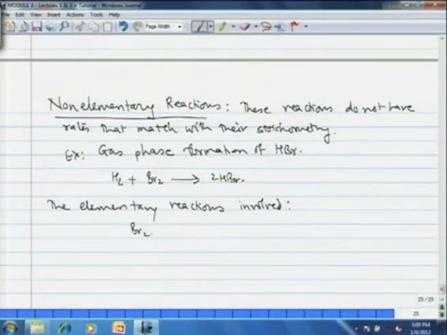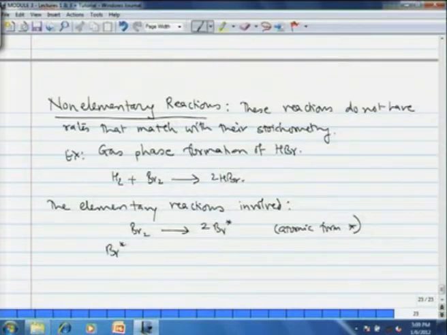First, bromine dissociates to give atomic bromine, which we denote by superscript star.